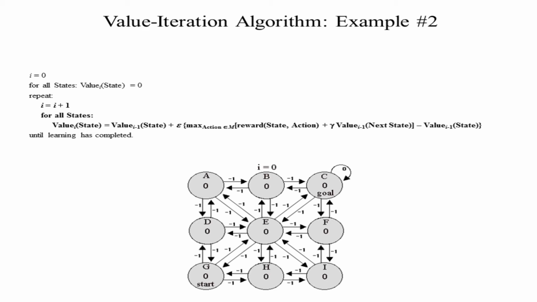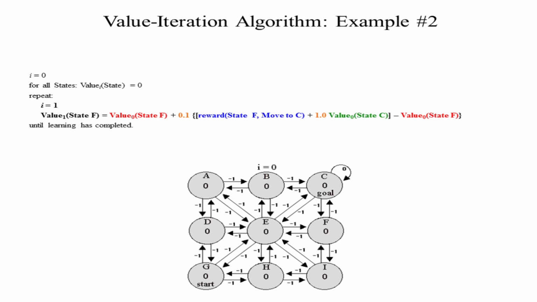But let's suppose the frog is in state F. Okay, from that state, it actually gets pretty interesting. One of the actions the frog can execute is to actually move to the goal state. And the anticipated value of that state would be 0, right?